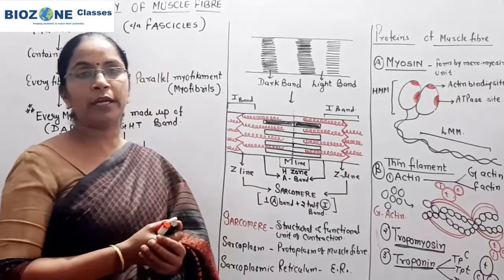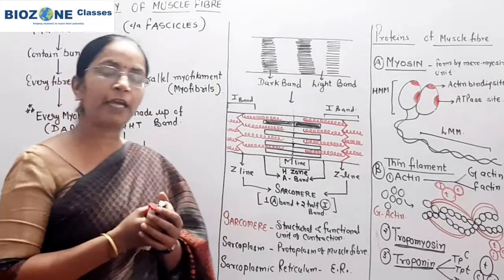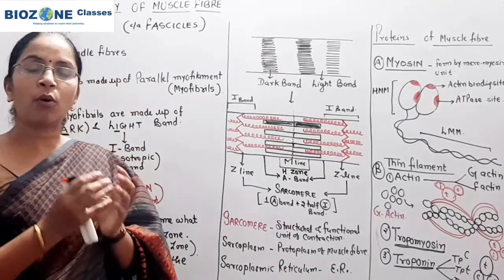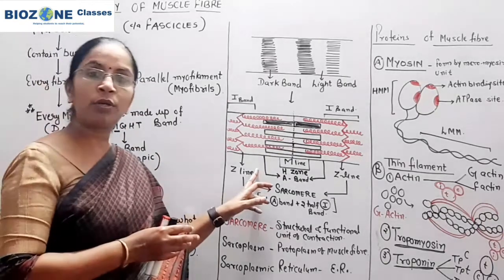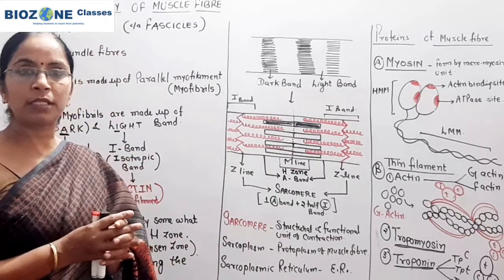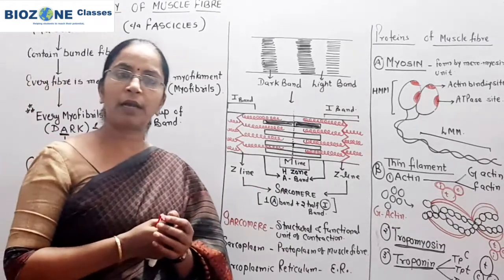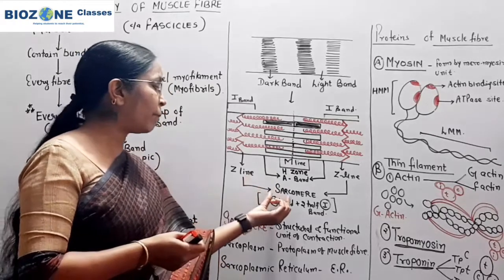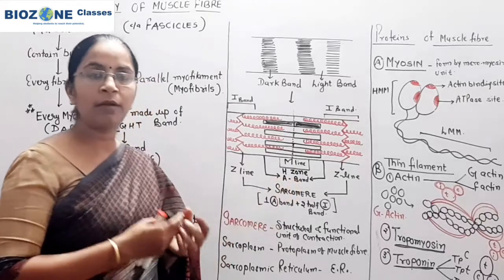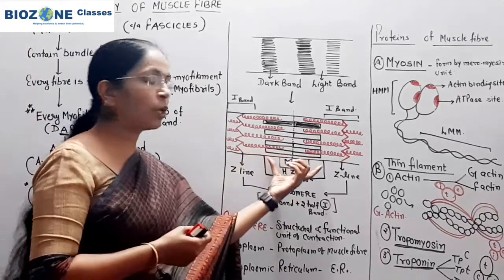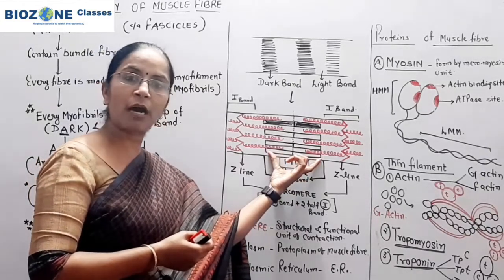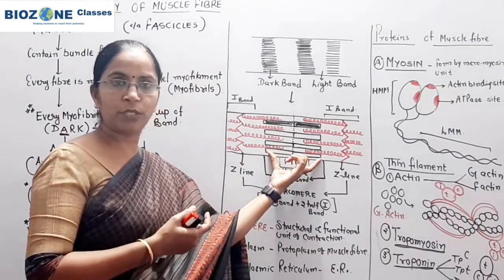Why is the H zone slightly or somewhat lighter? The first thing you remember: we only see this H zone during the relaxation of muscles. When the muscle fibers are in a relaxed state, then we see this H zone in the muscle fiber. Why? Because during relaxation the A band shows the dark filament, that is, the myosin filament.